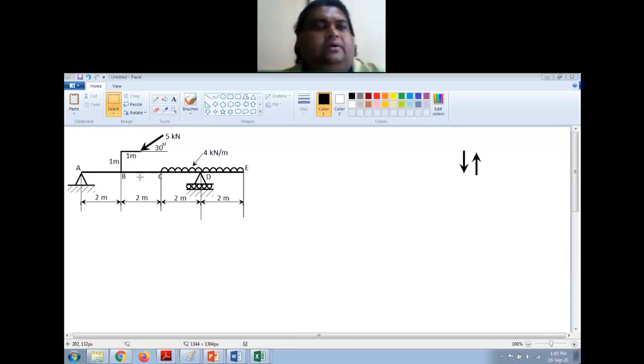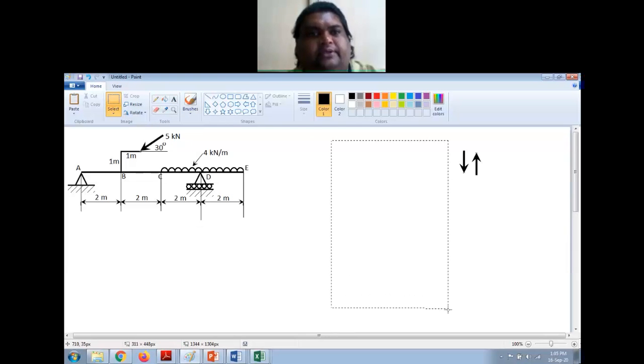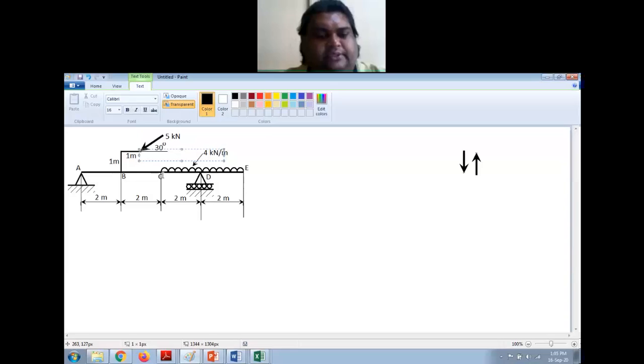So for this, I'll start from here, resolving this 5 kilonewton force into horizontal and vertical force. Let us say the points here, I'll first name them as A, B, C, D, E. Let me call this as F.